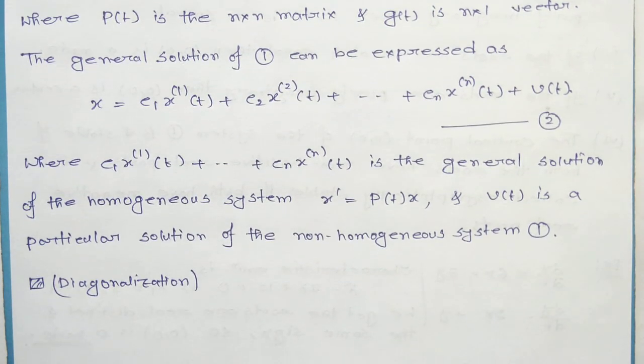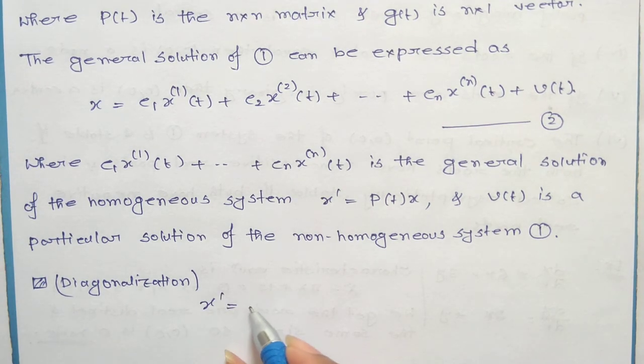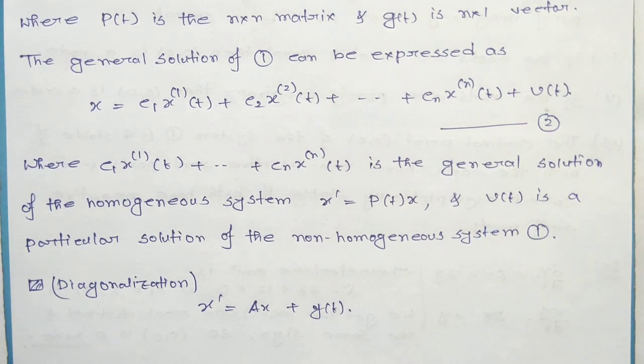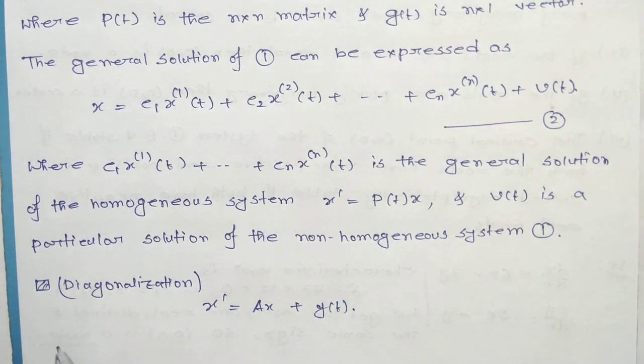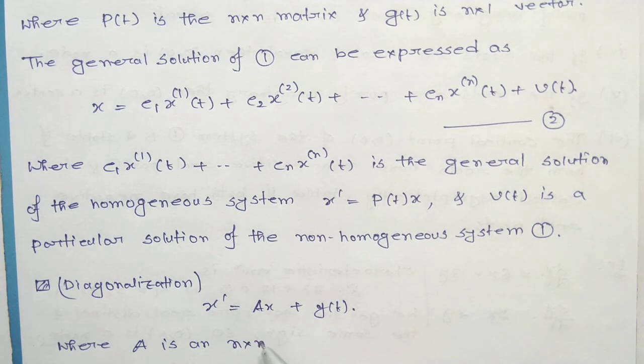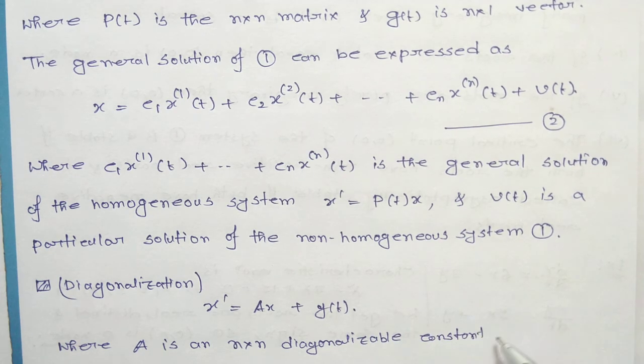We begin with the system x dash equals Ax plus g of t, where A is an n cross n diagonalizable constant matrix.